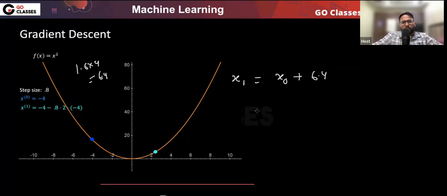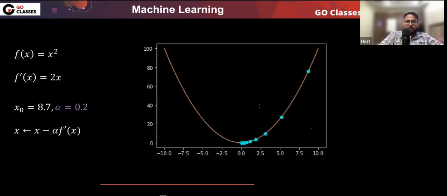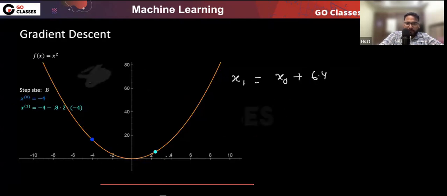How they come to know about the 6.4 and what to add, what not to add, I will tell you in a minute. So suppose they're adding some positive quantity, which happens to be 6.4. If you add 6.4, then your next point will be 2.4, right? Is this fine to everyone?